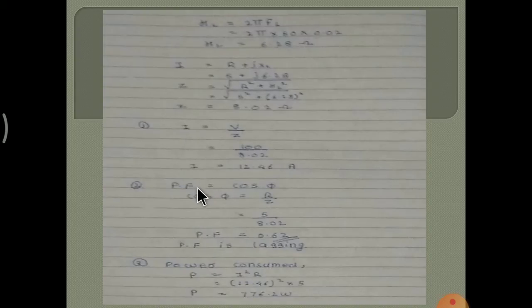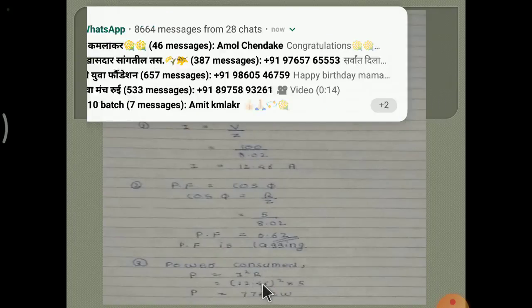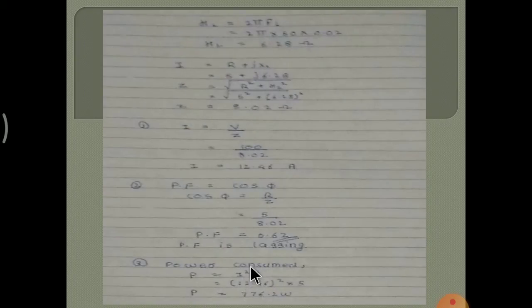I is required to calculate power, because the formula of power is I square R. We know the value of R, but we have to calculate I. So to calculate I, first of all we have to calculate XL. After calculating XL we get Z, and after calculating Z we get I, because the formula of I is equal to V upon Z.